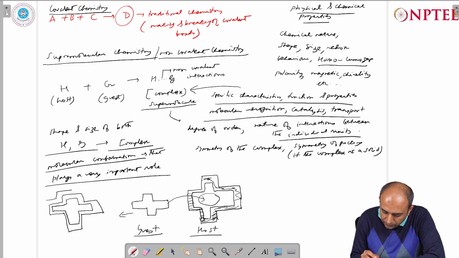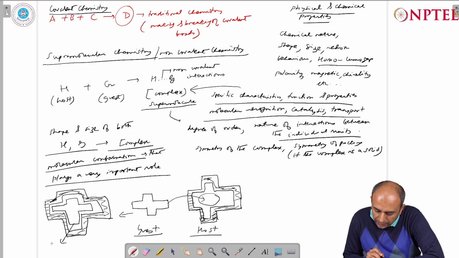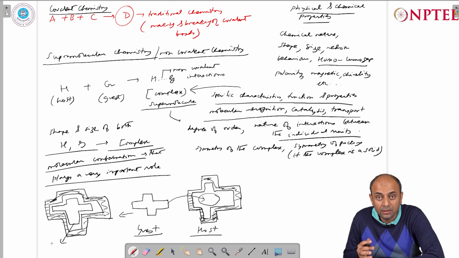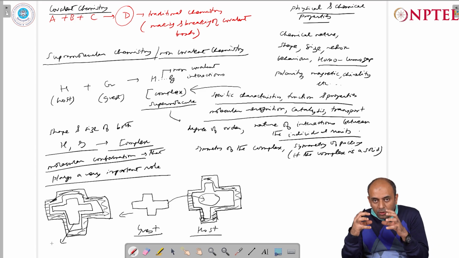So, now you can see I have been able to successfully include the guest molecule into the host molecule, and this is a very important phenomenon because this governs molecular recognition, that the guest molecule is able to effectively include itself into the void or the space which is created by the host molecule.